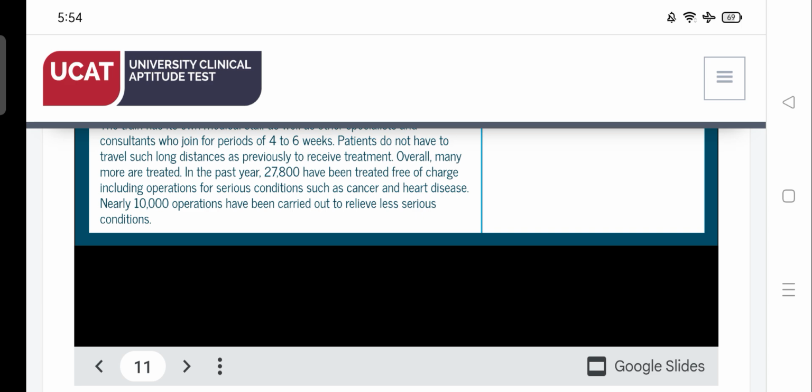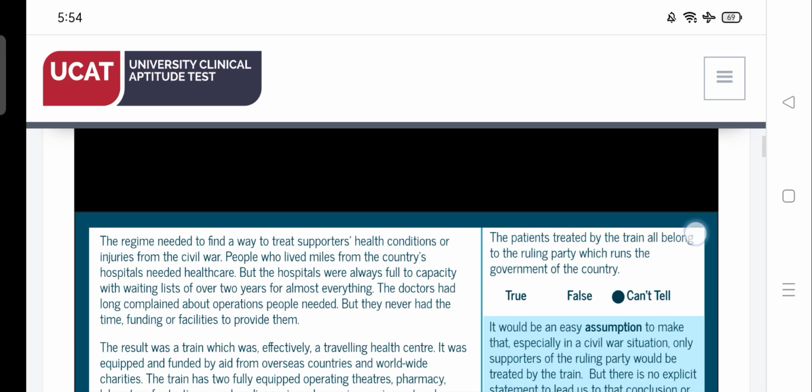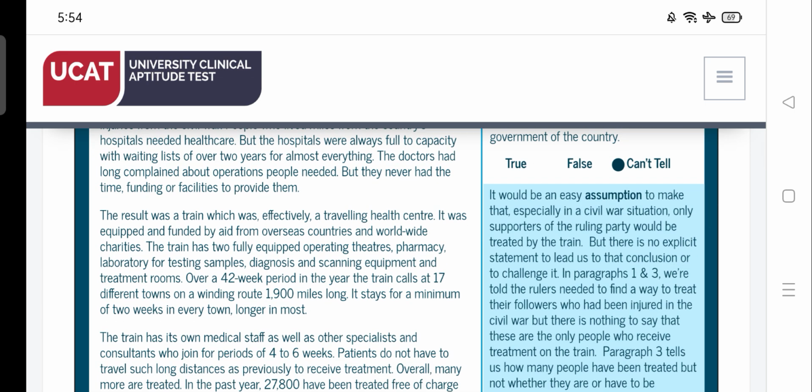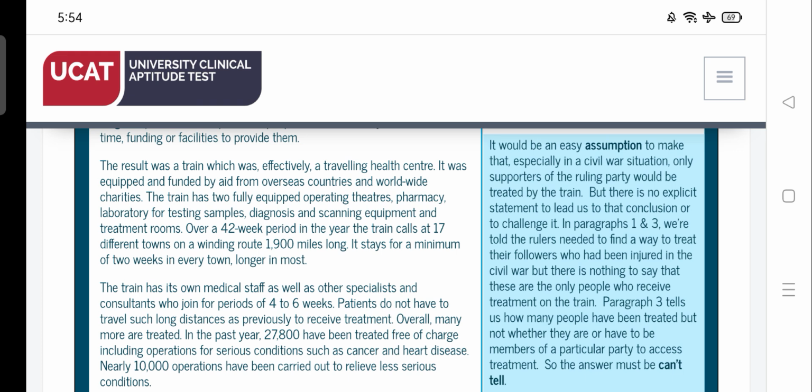Moving towards the next strategy. So here they give the answer that it would be an easy assumption to make, especially in a civil war situation. So in paragraphs 1 and 3, we are told the rulers need to find a way to treat their followers who had been injured in the civil war.